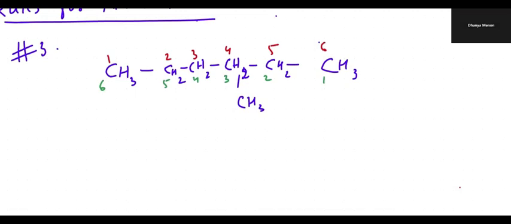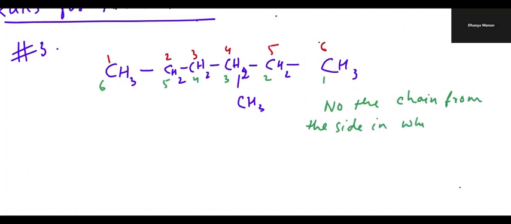In such cases, number the chain from the side in which the branches get the lowest number.